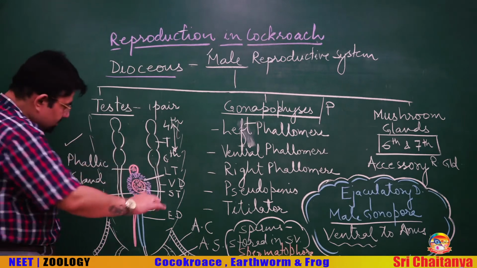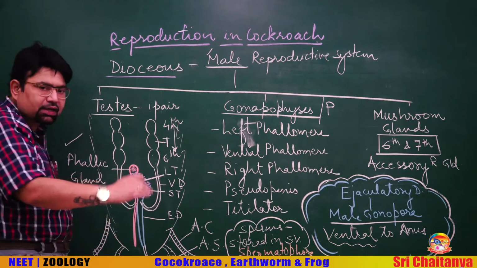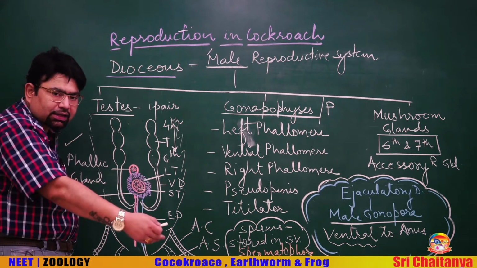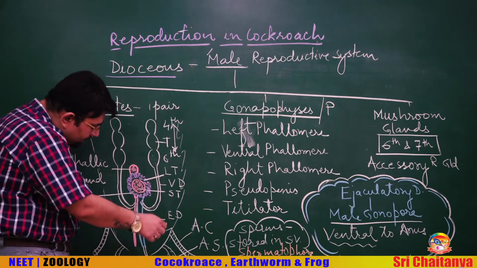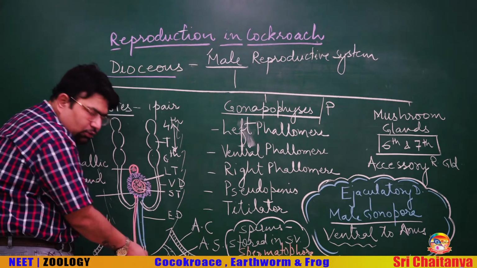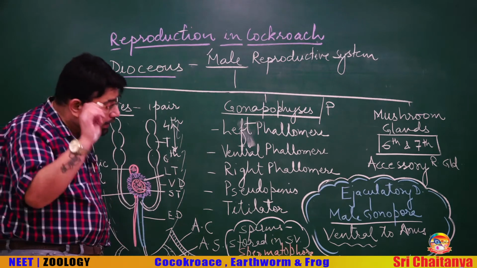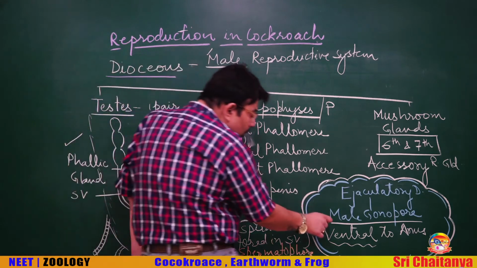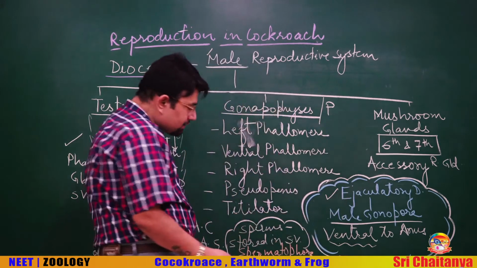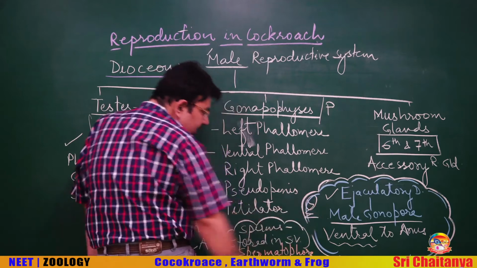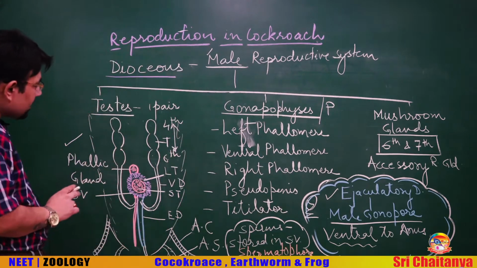Let me again tell you, this is the vas deferens to seminal vesicle to ejaculatory duct, and the ejaculatory duct opens through the male gonopore to the outside. Remember that the male gonopore lies ventral to the anus, and this is an important question for NEET: the male gonopore lies ventral to the anus.